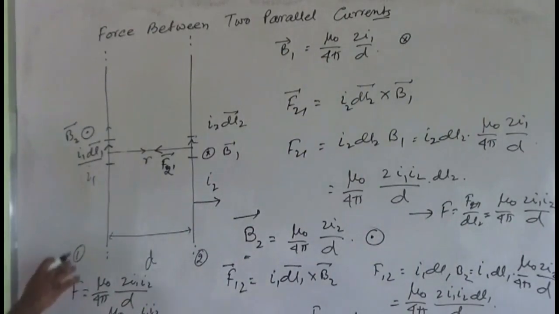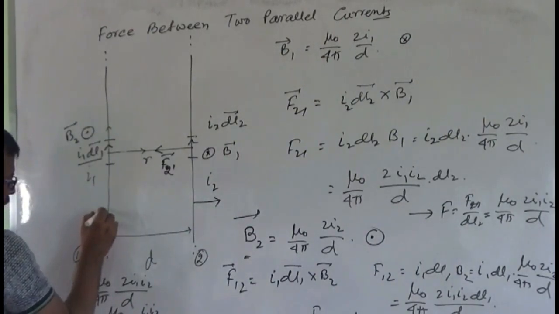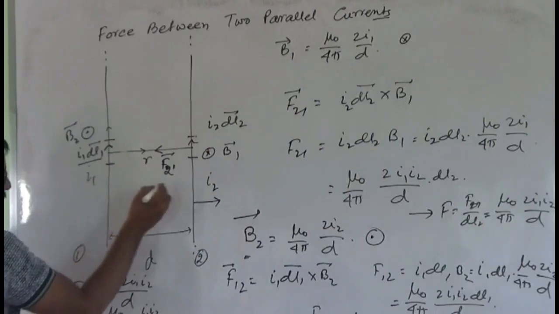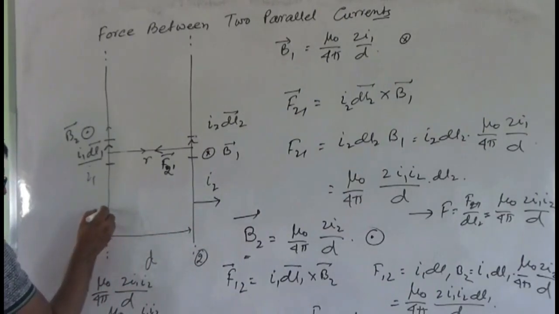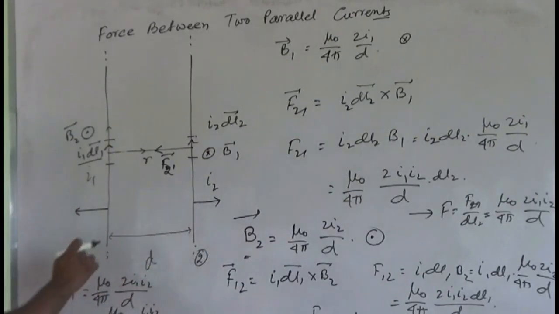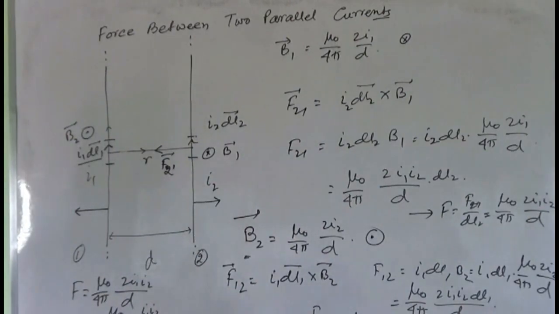Similarly, you can find the force on conductor 1 due to conductor 2 will also be away from conductor 2. That means if the currents flow in opposite directions, then the two conductors repel each other.